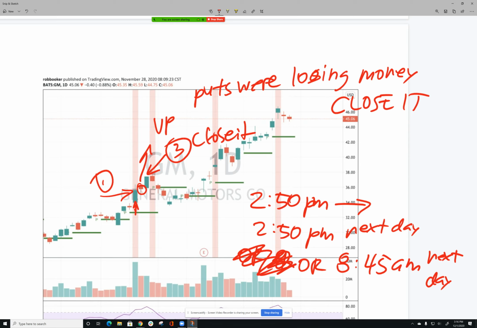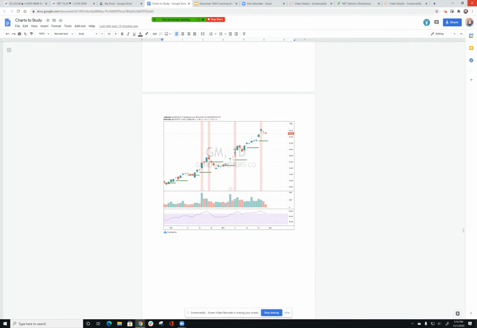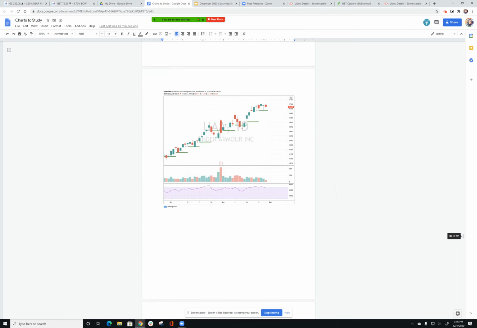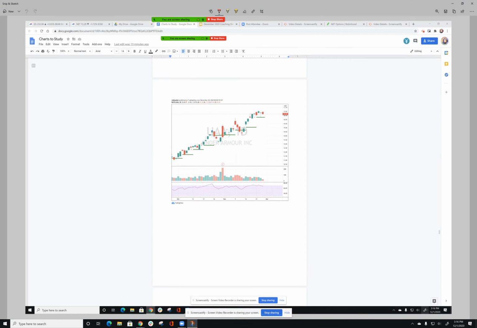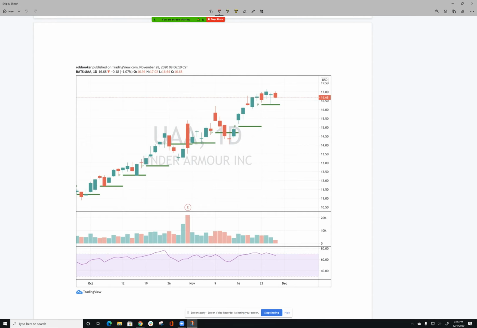Now, remember, I intuitively know to trade small amounts of money, so I'm not going to lose a lot of money. But what I'm really trying to do here is identify the existence or non-existence of a trade, okay?